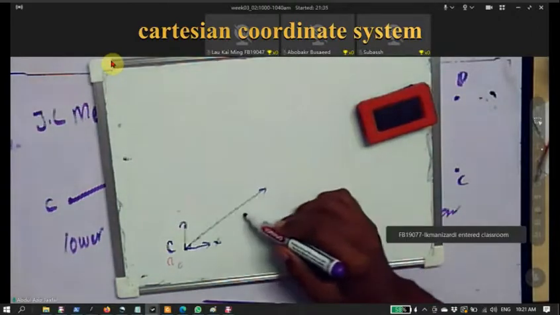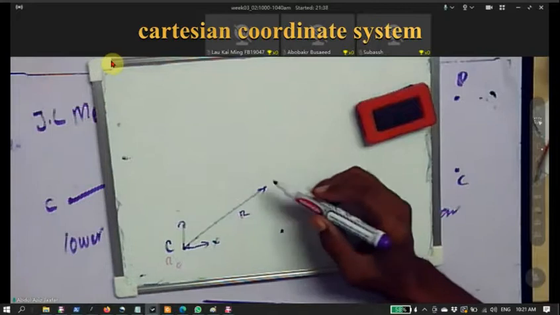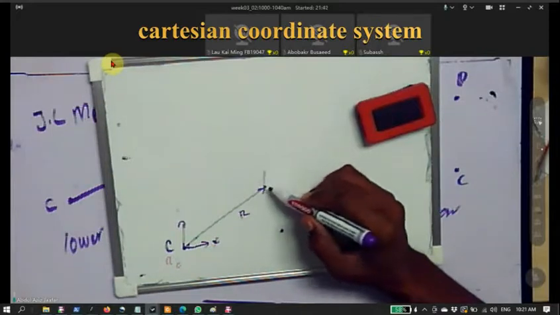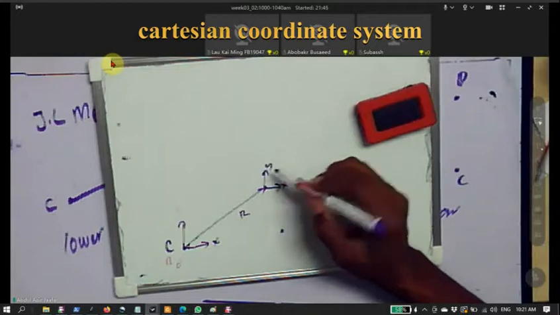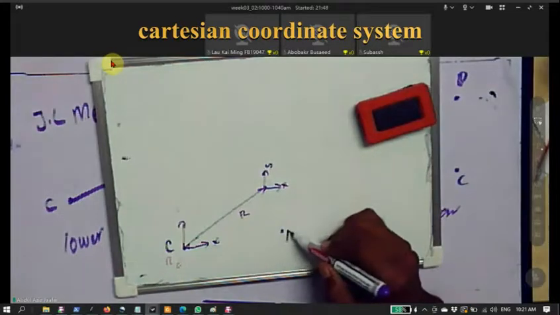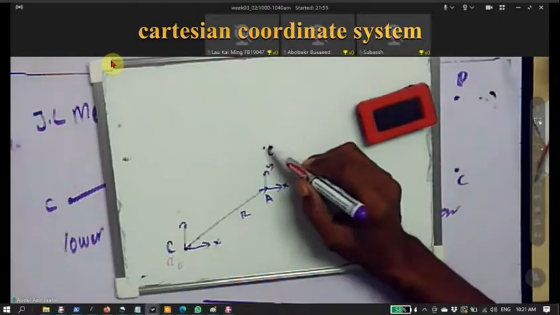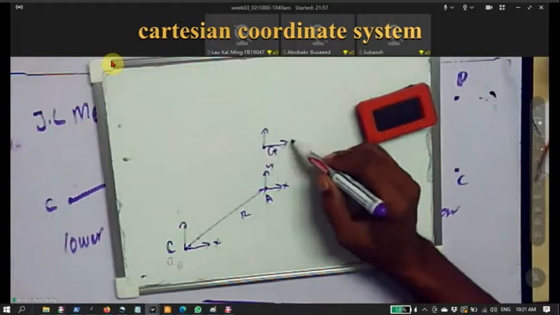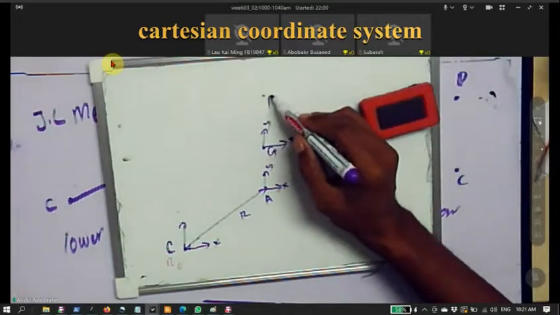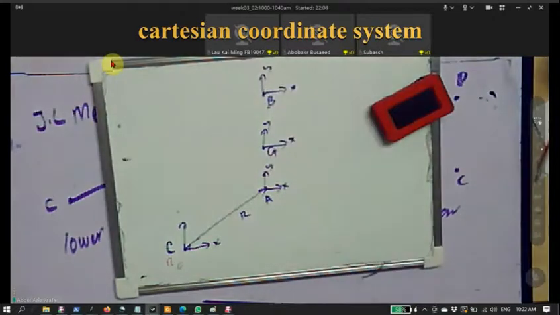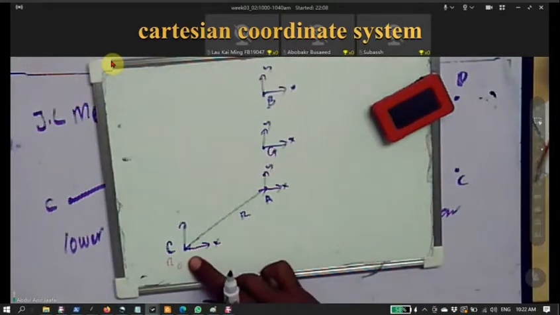The velocities will be defined at this location, X and Y, for A, and for G, in that direction it's Y, and for B, X and Y. In whatever motion it takes, we are always referring to the origin for the position vectors.